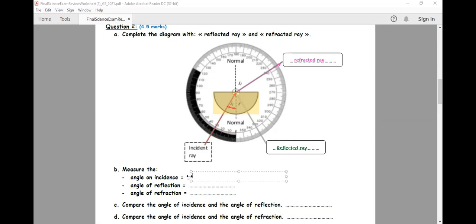It is equal to 30 degrees. Bravo. Okay, the angle of reflection, let's also measure it. It is found between the normal and the reflected ray. Also 0, 10, 20, 30. It is also equal to 30 degrees.